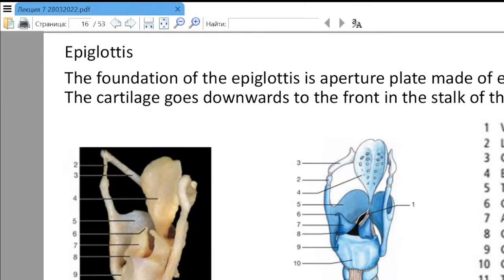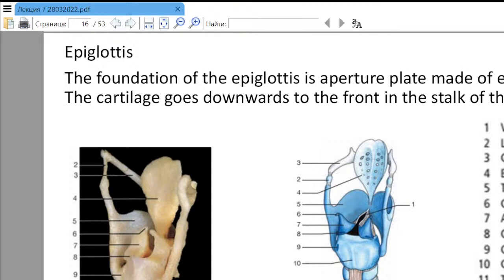Epiglottis: the foundation of the epiglottis is a leaf-shaped plate made of elastic cartilage. The cartilage goes downward to the front in the stalk of the epiglottis.